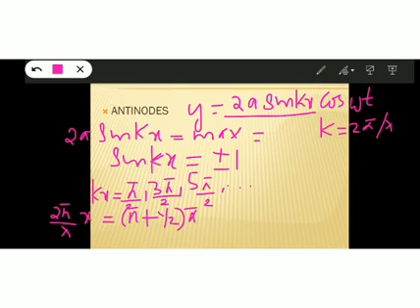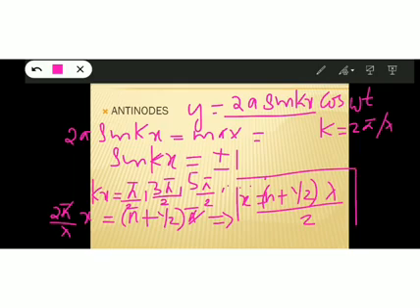From this, pi and pi will be cancelled, and we can write x is equal to n plus half into lambda by 2.